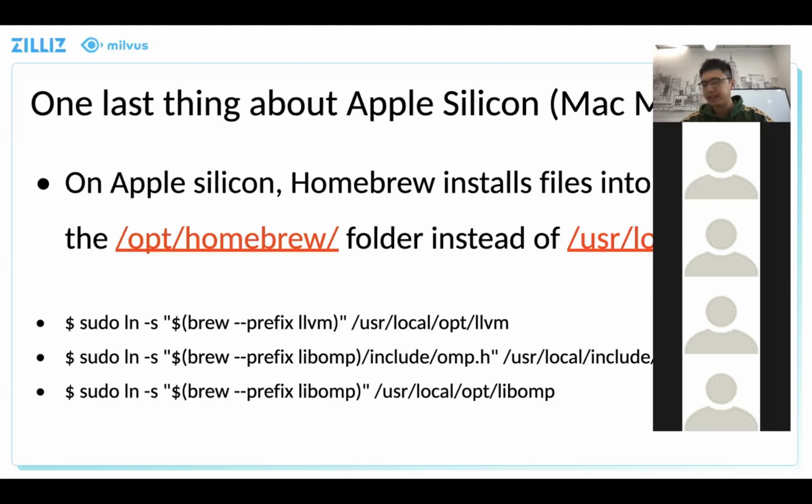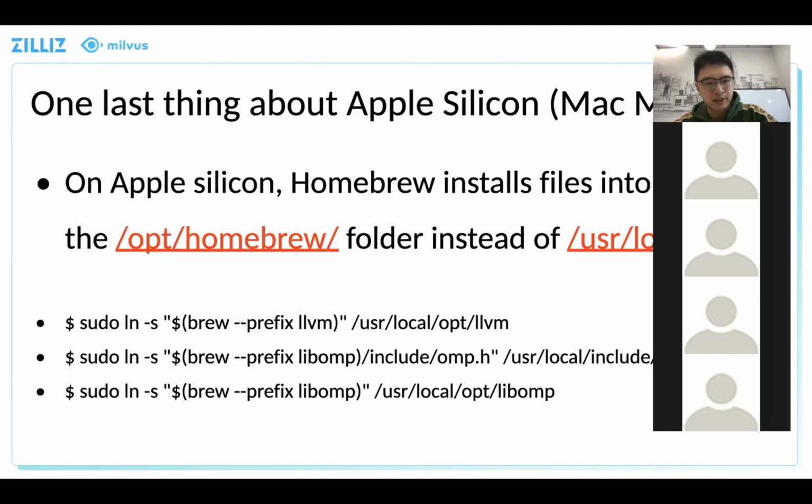There are a lot of tricky things if you're using Mac Silicon machines, so I will not talk about all of it. Just one last thing I need to mention, especially if you just got your new Apple Silicon machine: Homebrew installs files into a whole new folder.